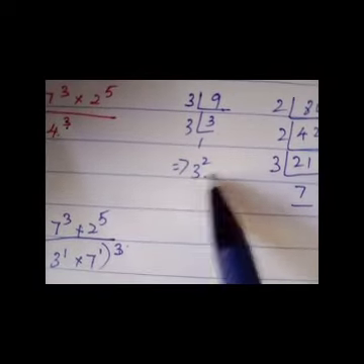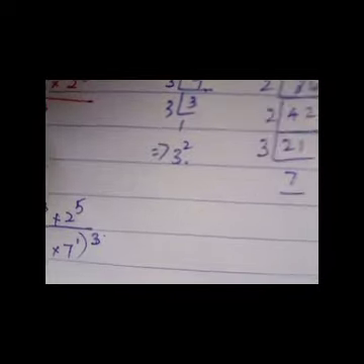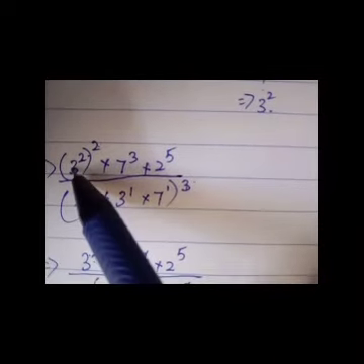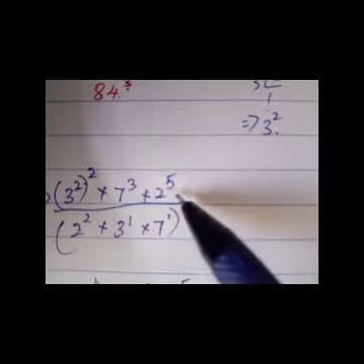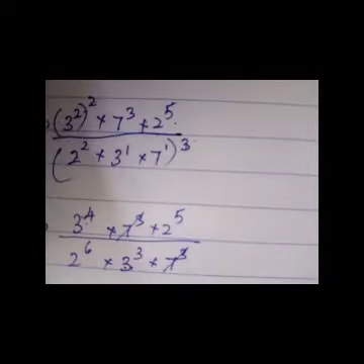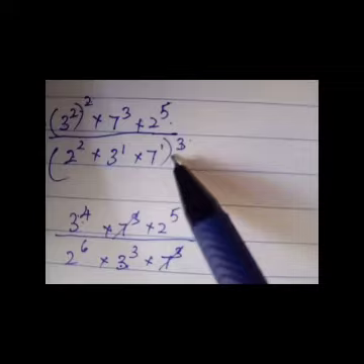First what you have to do? Take the factors of 9. Factor of 9 is 3 power 2 and 84 is 2 power 2 into 3 power 1 into 7 power 1. Now take and write the factors. 3 power 2 already here they have given, the question is in the power, so write down the power into 7 power 3 into 2 power 5, and the same way write down the factors of 84 whole power 3.